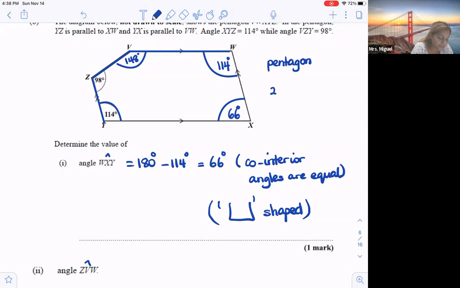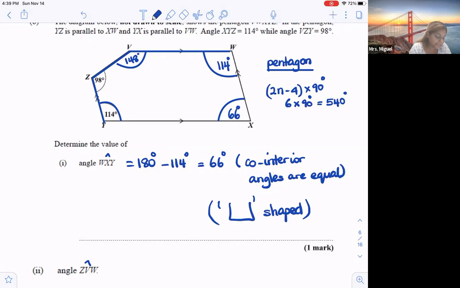The formula is 2n minus 4 multiplied by 90 degrees. So we have 1, 2, 3, 4, 5. So 2 multiplied by 5 is 10. 10 minus 4 is 6. So 6 multiplied by 90 degrees will give me 540. So this is not a quadrilateral that has 360 degrees. It is a pentagon and the sum of the angles in a pentagon is 540.